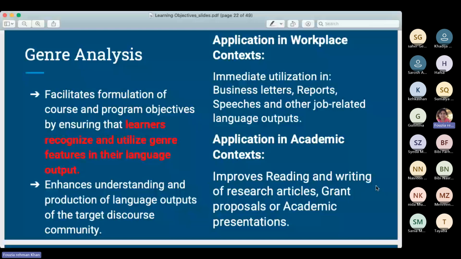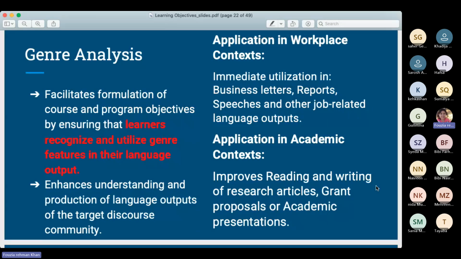And when the findings of genre analysis become part of objectives and are reflected in the course, then these features of the genre can actually be applied at the workplaces.